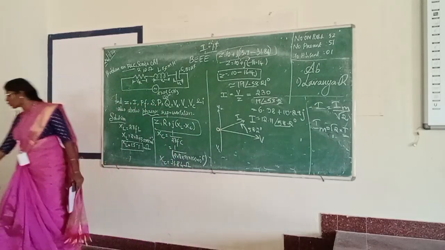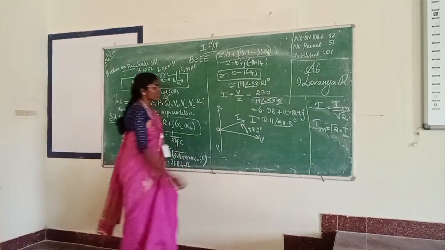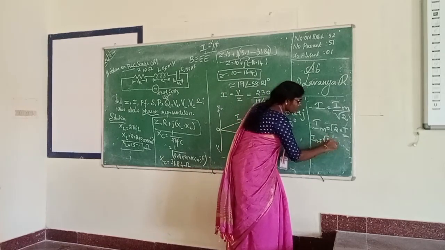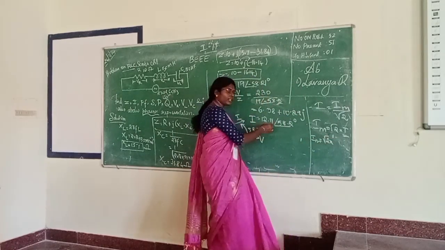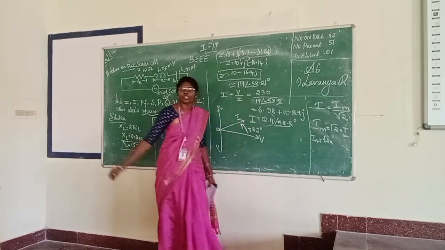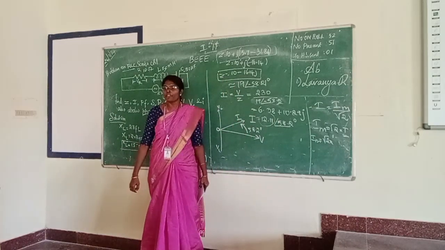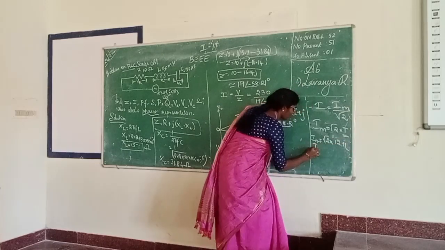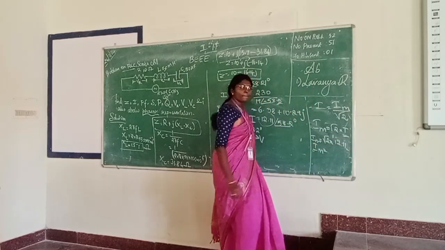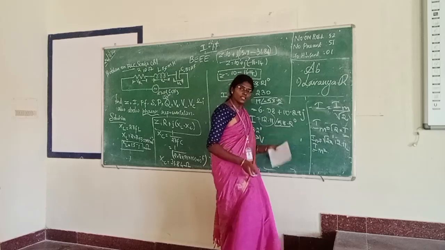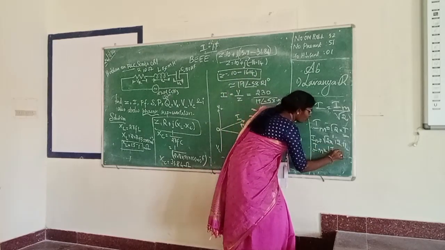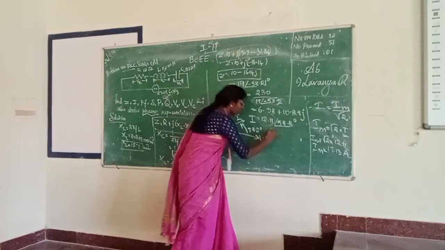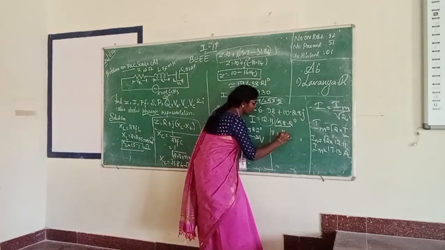What is the value of I we have got? Just take this alone, no need to take the angle, it is only for phasor representation. So I is 12.11, and the value of Im is 17.13, in amps.